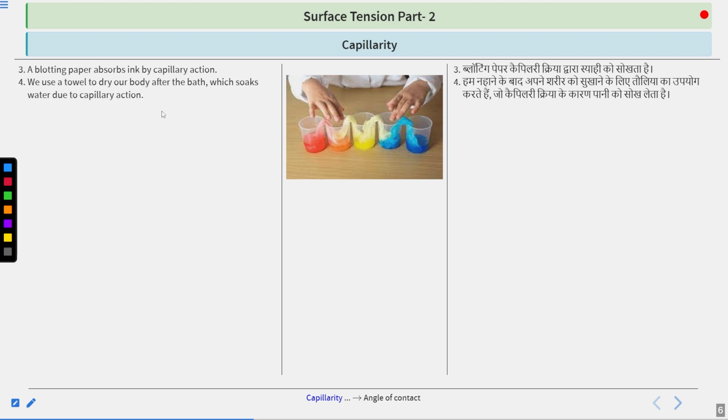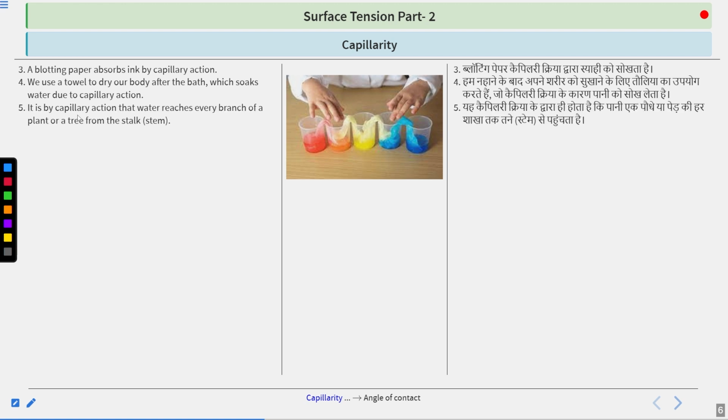It is by the capillary action that water reaches every branch of a plant or tree from the stalk or stem. Have you ever wondered, if you are seeing any plant in front of you and you pour water in the roots of the plant, how does the water reach the other parts? For example, the stem, the leaves, the flower, even the fruits. How does the water reach all these parts?